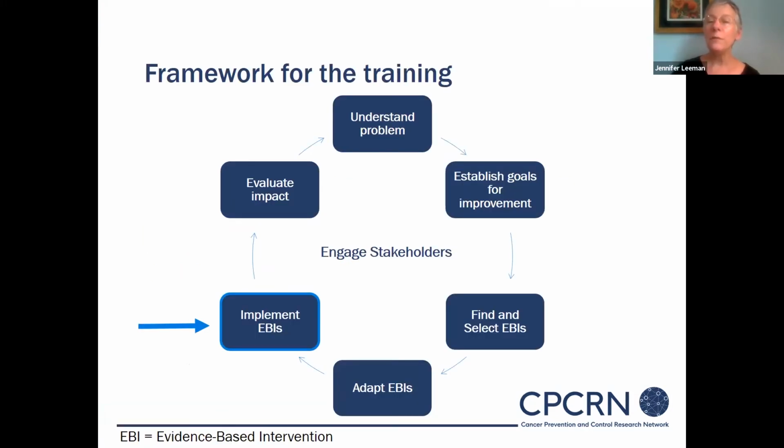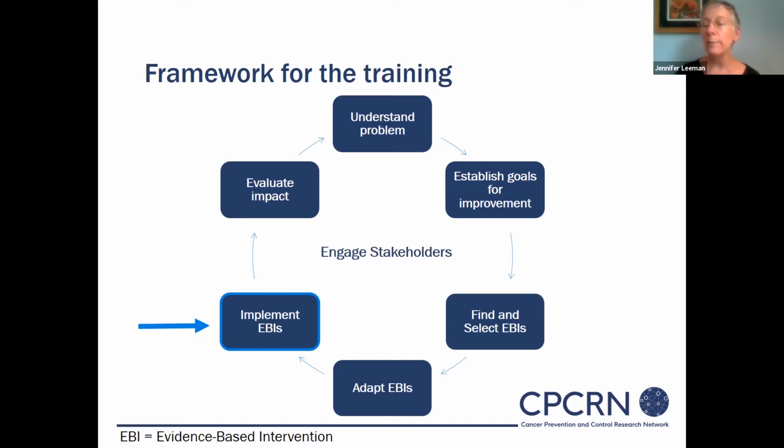So over the previous 4 webinars, we walked through the steps of the framework for evidence-based decision-making. And we started with engaging stakeholders there in the center of the circle and at the center of everything we do. And then we did a webinar on understanding the problem and establishing goals for improvement.